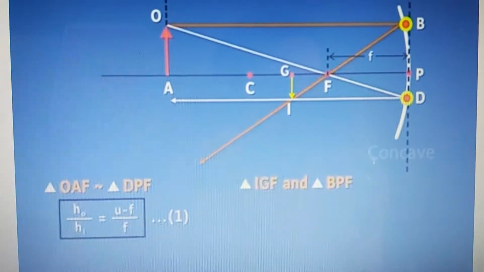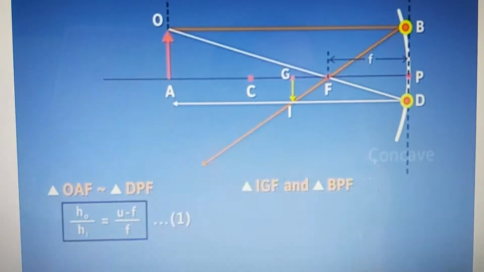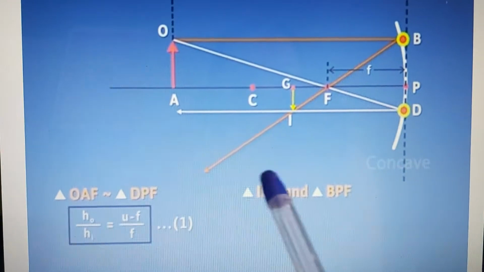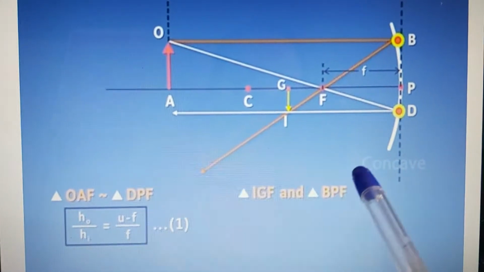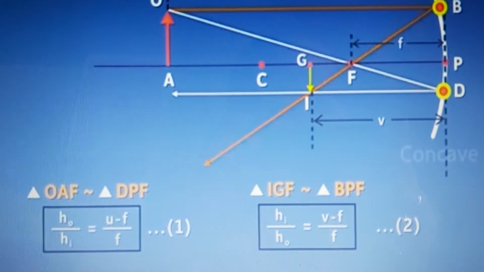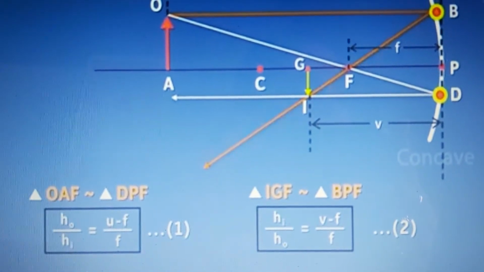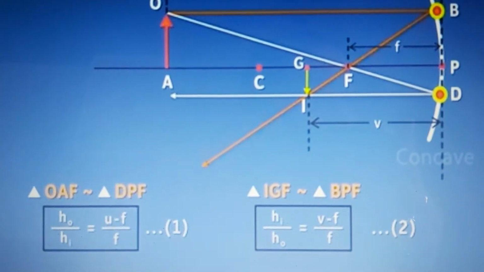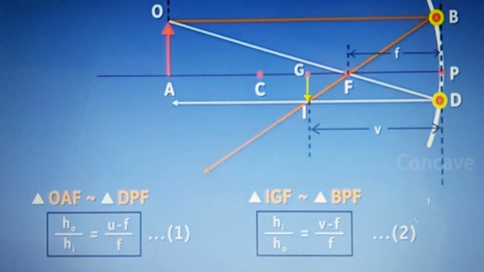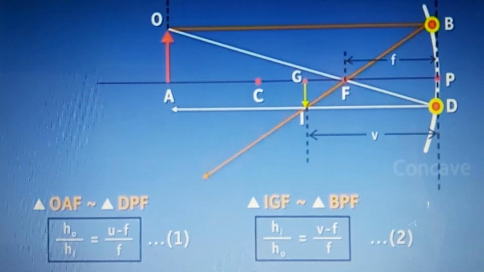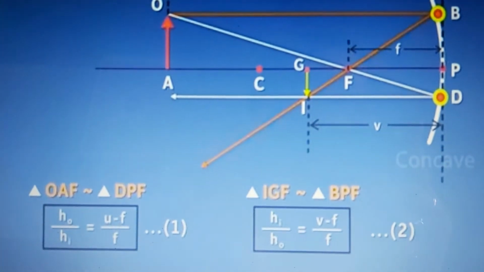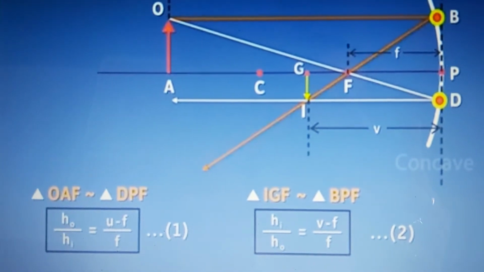Now consider triangles IGF and BPF. These two triangles are also similar, again by the triple A test. The ratios of the corresponding sides are equal. IG and BP are the heights of the image and the object.